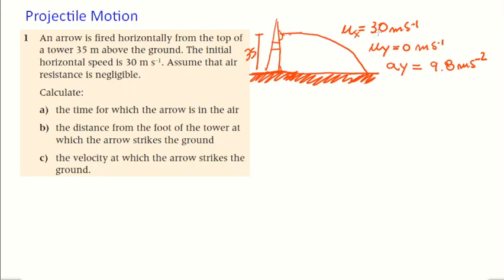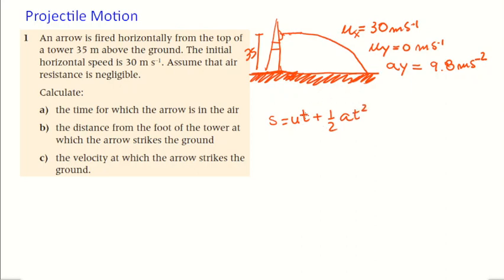Obviously, it does have to do with the horizontal motion, but, well, no, actually, just vertical. So if we observe this vertical motion, we could use our SUVAT equations. S equals ut plus half at squared.